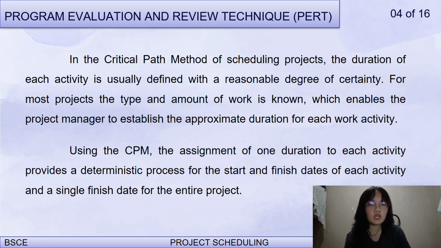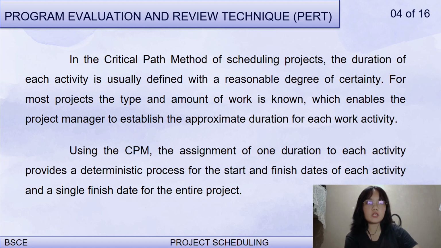For most projects, the type and amount of work is known, which enables the project manager to establish the approximate duration for each work activity. Using the CPM, the assignment of one duration to each activity provides a deterministic process for the start and finish dates of each activity, in single dates for the entire project.